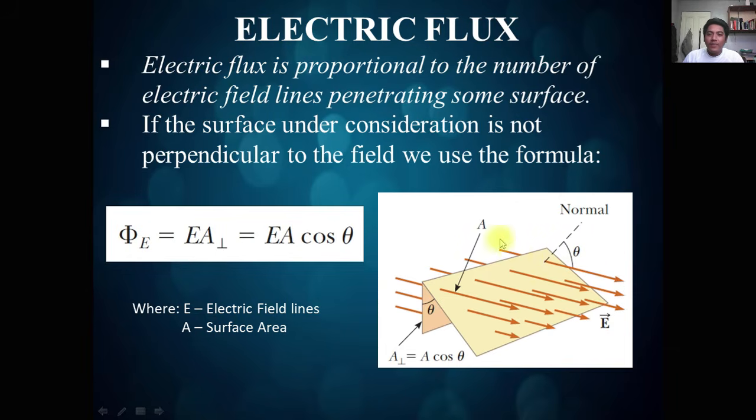Such that when we measure the angle, it is not 0 degrees anymore. This theta is now between 0 and 90. So, if such cases happen, we're going to use this formula, EA cosine of theta. The normal vector is in this direction, the electric field in this direction, so that it creates an angle theta between the electric field and the normal vector. So we're going to use this formula.